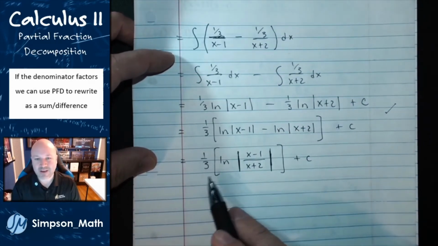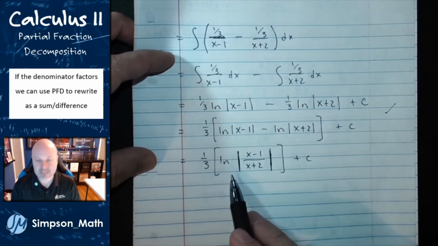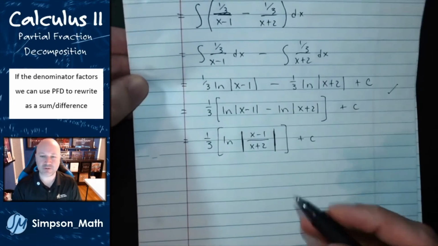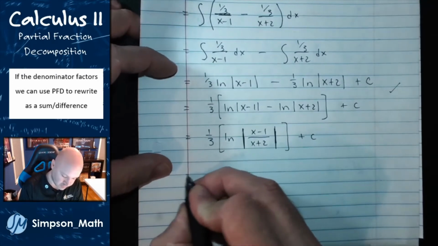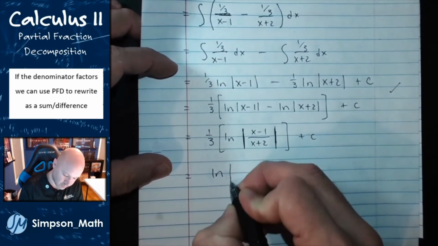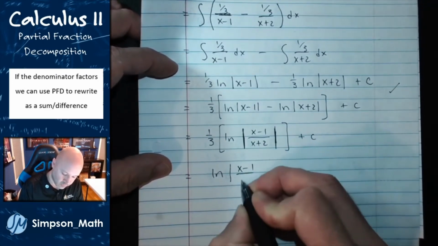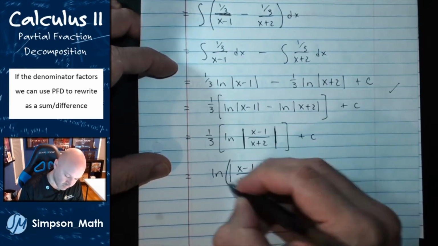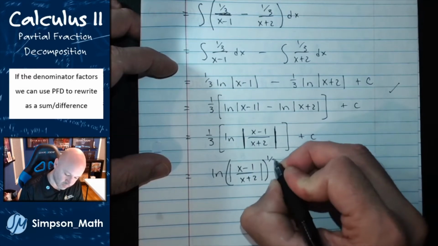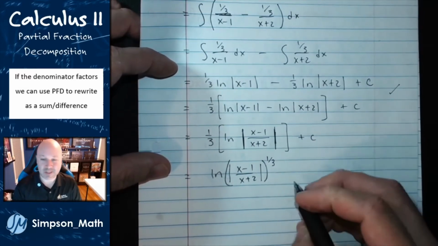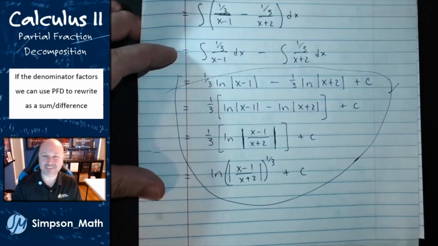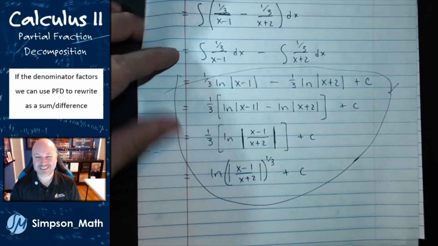Because now I have a coefficient on a single log, I could even rewrite that as a power if I wanted to, using that log power rule. I don't know, we got to stop somewhere, and that looks good. All of these are really good final answers.